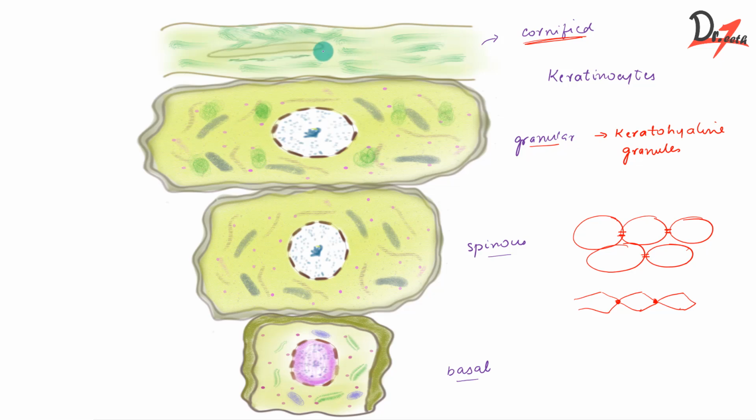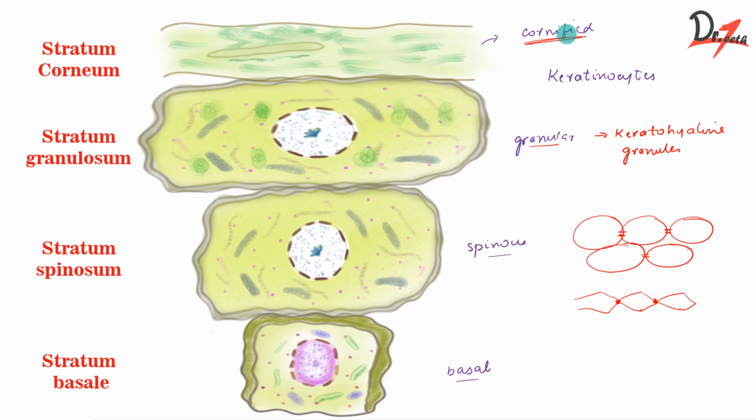Later in this video we will see that if pycnotic nuclei are present, it is called parakeratinized, but if there is no nuclei present, it is called orthokeratinized. So we are done with the 4 layers: the basal, spinous, granular and cornified. These are also called stratum basale, stratum spinosum, stratum granulosum and stratum corneum.